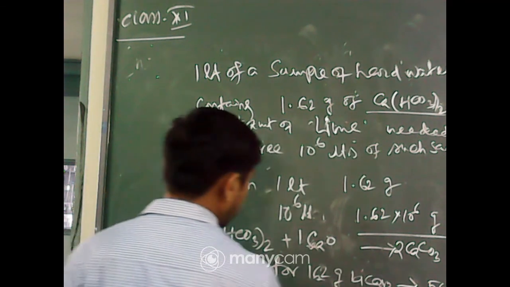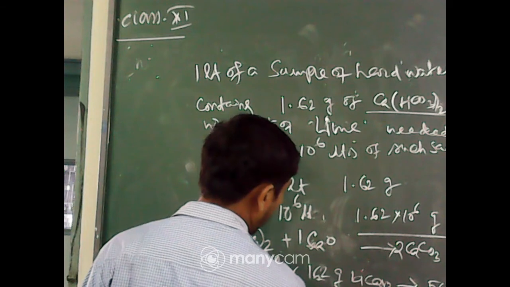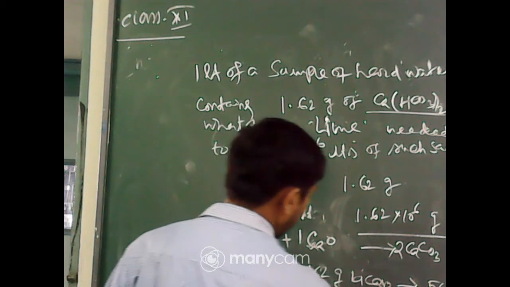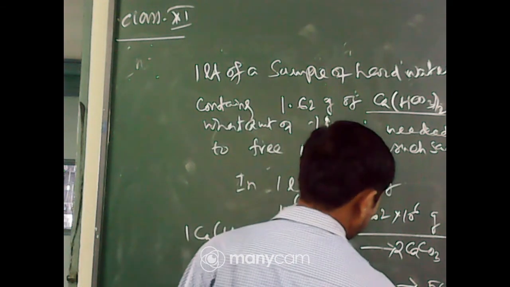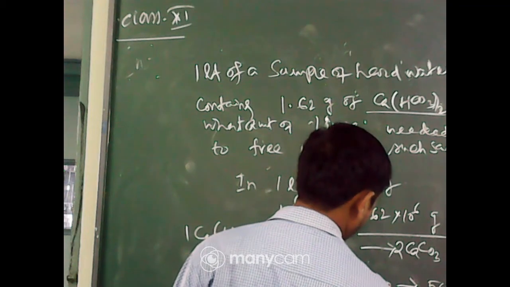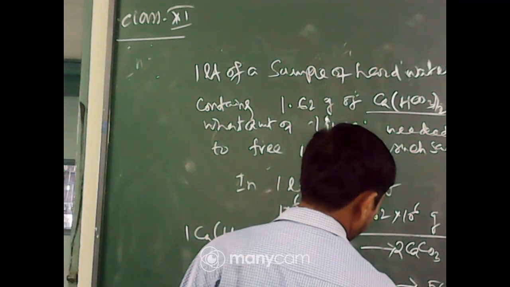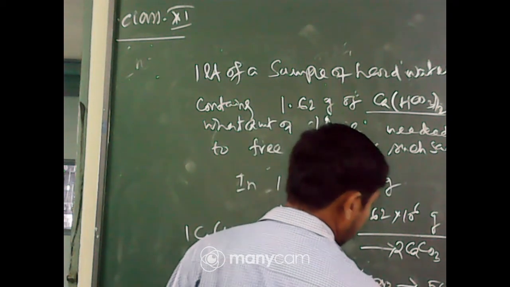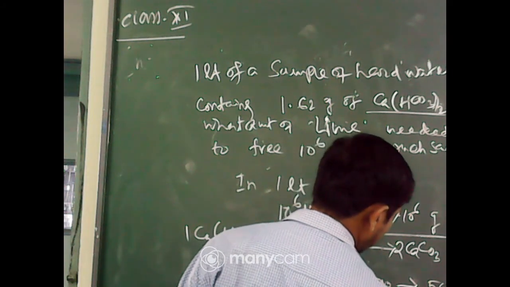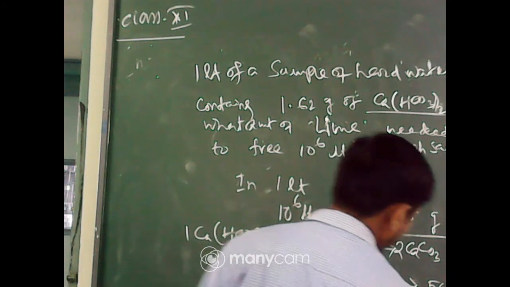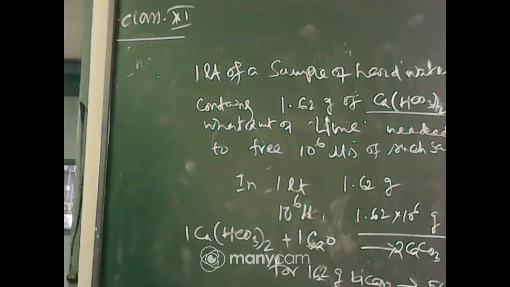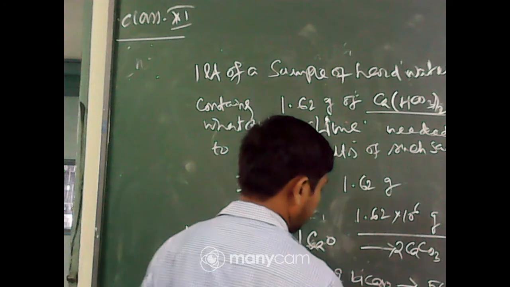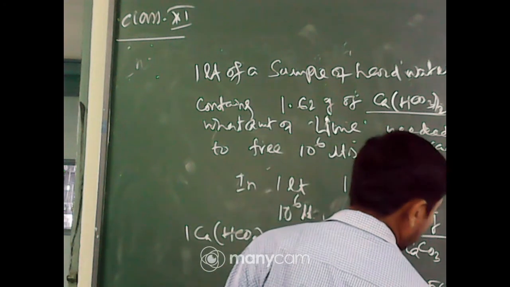For 1.62 into 10 to the power 6 gram bicarbonate, it is 56 divided by 162 into 1.62 into 10 to the power 6. It will be 10 to the power 4, then it cancels out. So, 56 into 10 to the power 4 gram. Okay. So, this is the required amount.